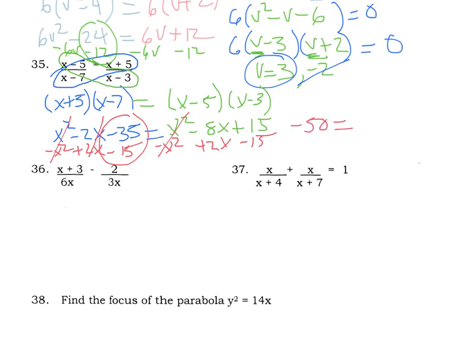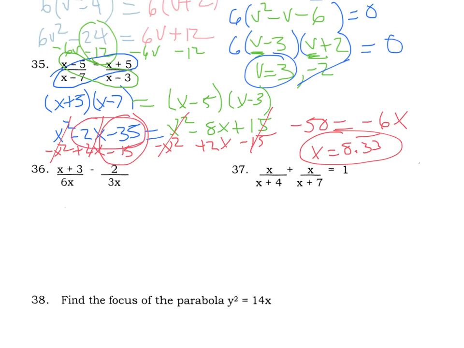And over here, the 15's cancel, and I'll end up with negative 6x. So when I divide both sides by negative 6, I've got negative 50 divided by negative 6. I'll end up with x is 8.33 repeating.